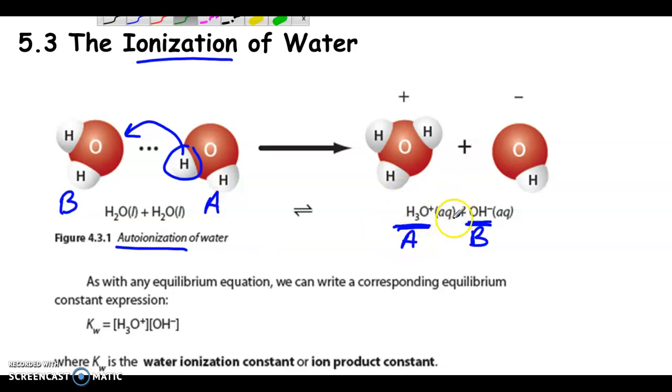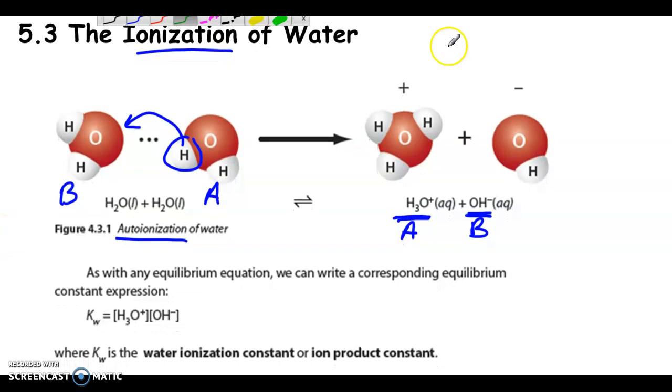Now, keep in mind the percentage of product that is present is incredibly, incredibly low. So when we are referring to a weak acid in solution or a weak base in solution, the amount of hydronium and hydroxide coming from water is not super impactful. And you'll see what we mean by that a little bit later on.